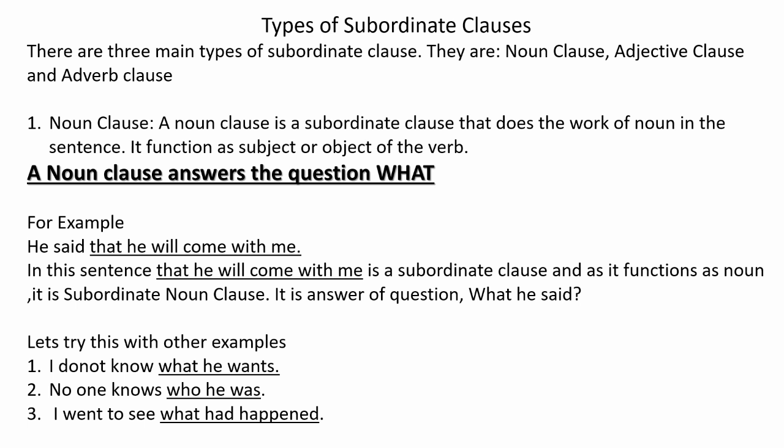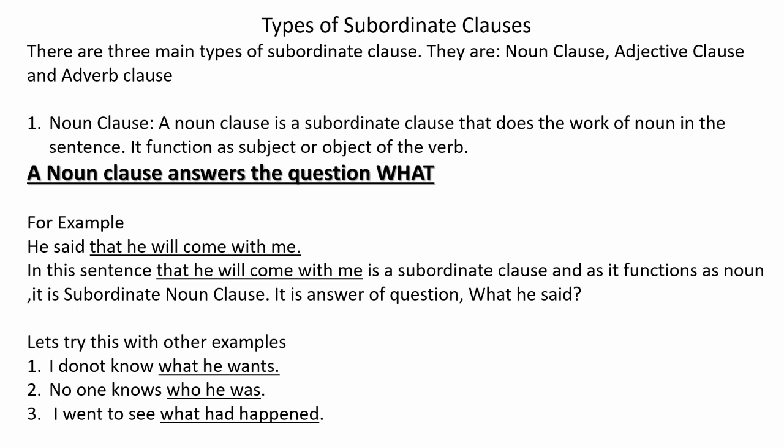In the sentence, that he will come with me is a subordinate clause as it has the subordinator that. It functions as the object of the verb said in the sentence. It also answers the question what he said. So, it is a subordinate noun clause.